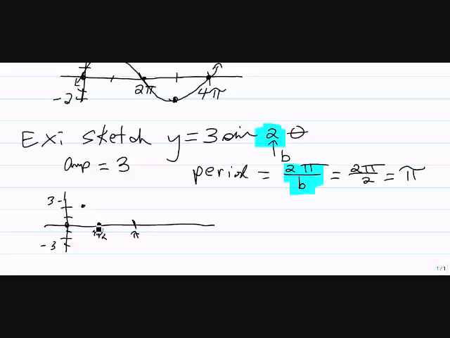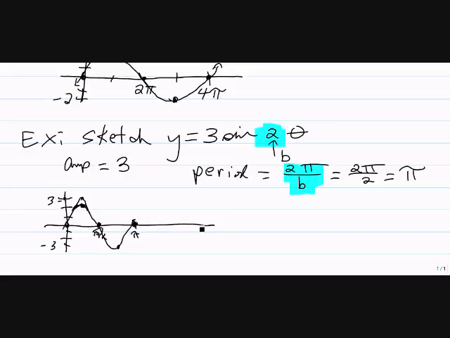Then it hits down to the horizontal axis again, and that's halfway through the period. And then another quarter of the way through, it hits its minimum, and then goes back to the horizontal axis.